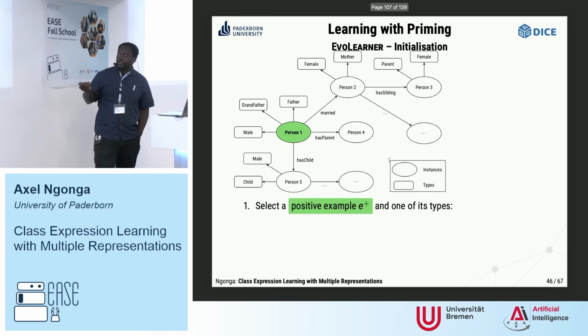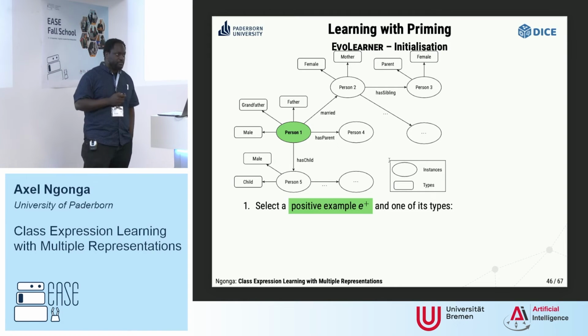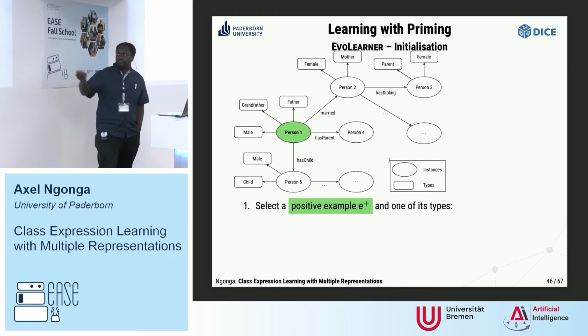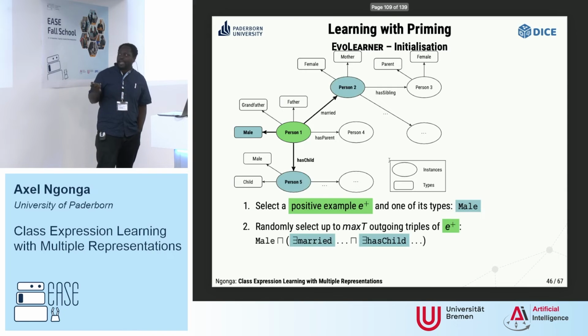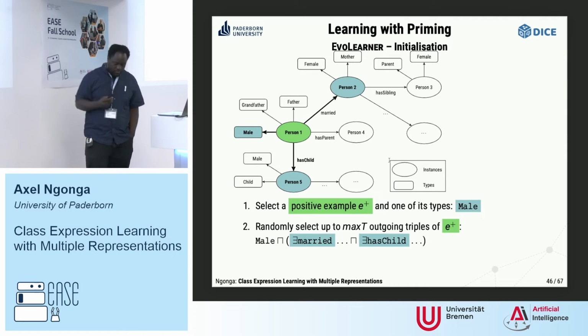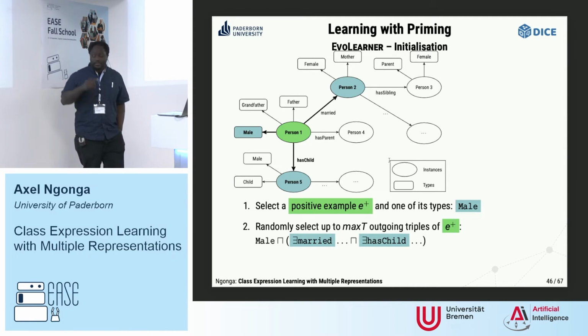We start by selecting a positive example, say for example, person 1 here, add type information to the example, and actually just traverse the tree up to a certain depth as preset by the algorithm. So for example, here we could find the concept male and is married to somebody and has child.